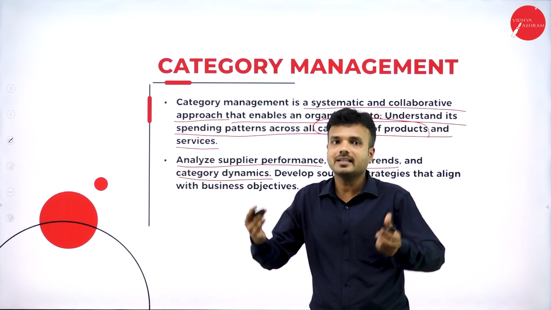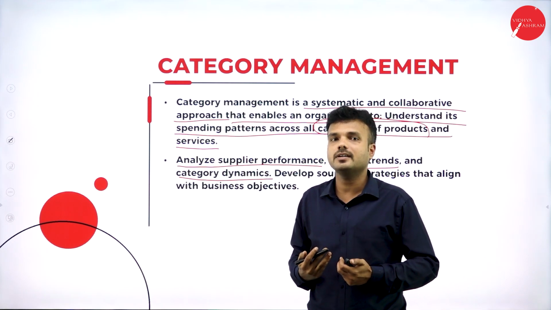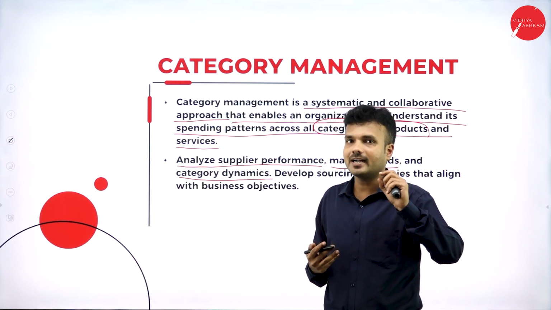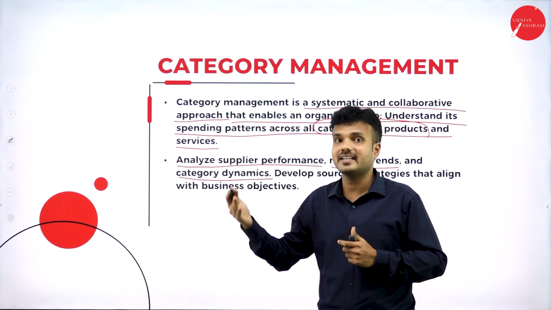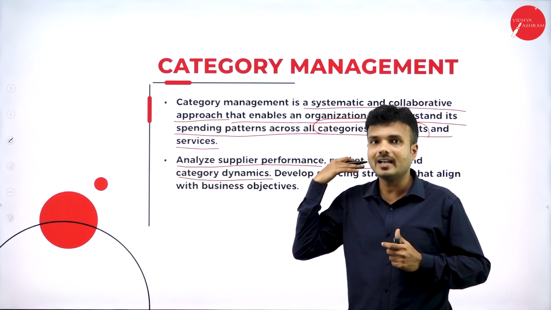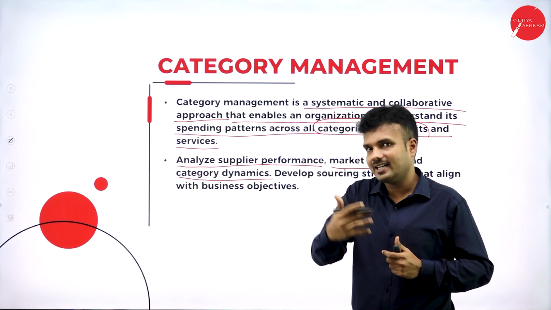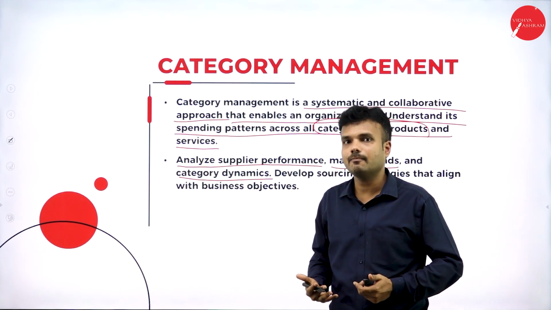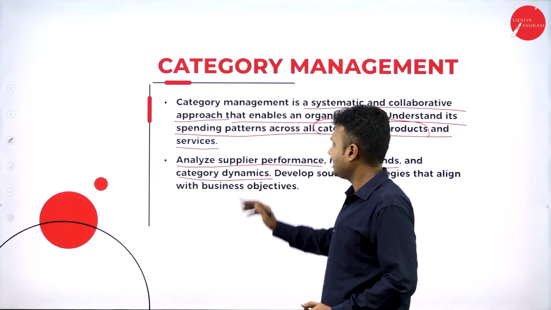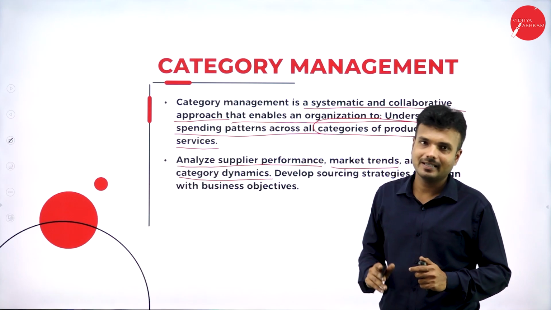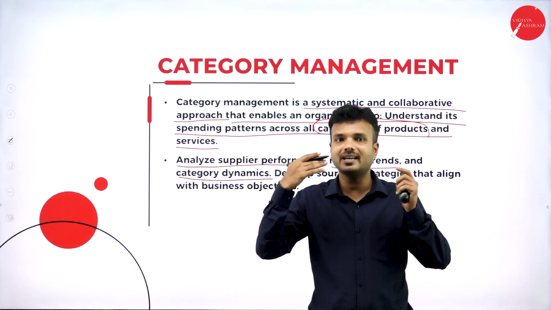Whatever product the retailer is going to bring to his outlet, that product must be in trend in the market. If he brings the product which is not at all in the trend, which is not at all demanded by the customer, the product may not get sold in the outlet. And again, the category dynamics. It keeps on changing from one time to another.